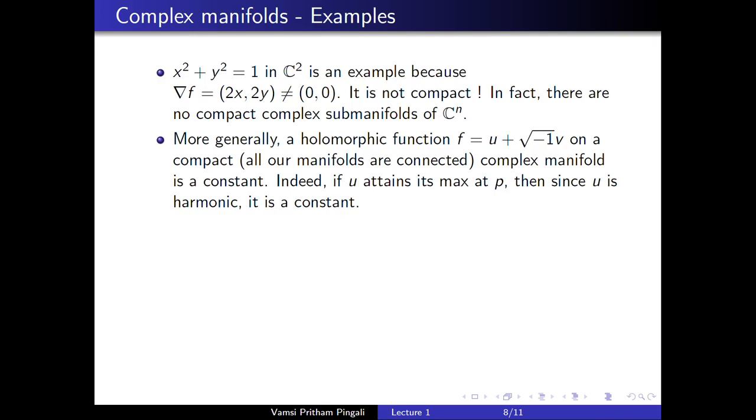Harmonic functions satisfy the mean value property, meaning their value at any point equals the average over a ball centered at that point. So if the maximum is achieved at the center of the ball, that means the function has to be constant on the entire ball. And a simple connectedness argument then shows that it's constant throughout the manifold.